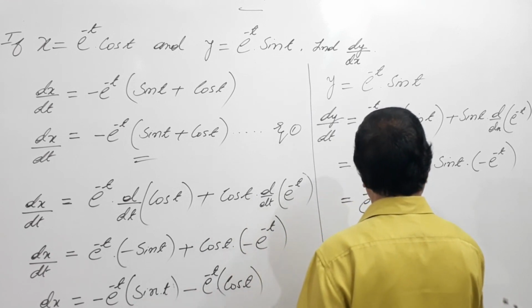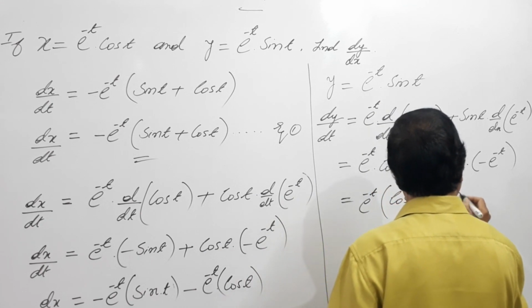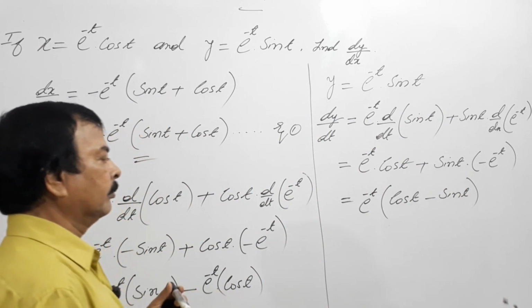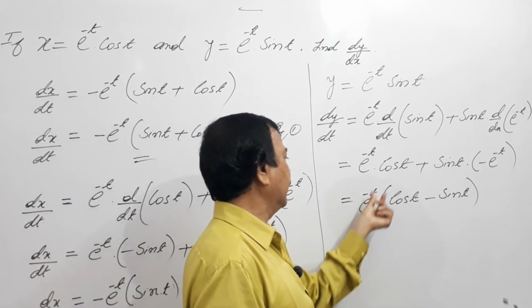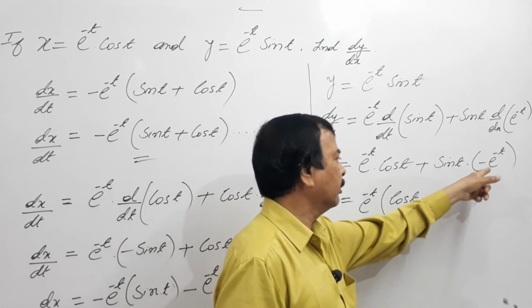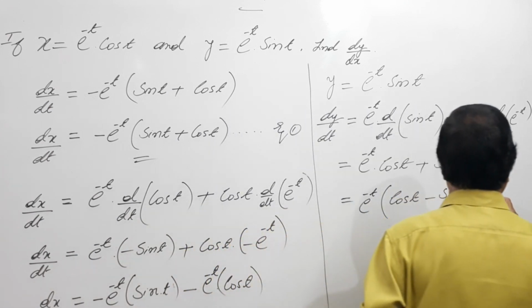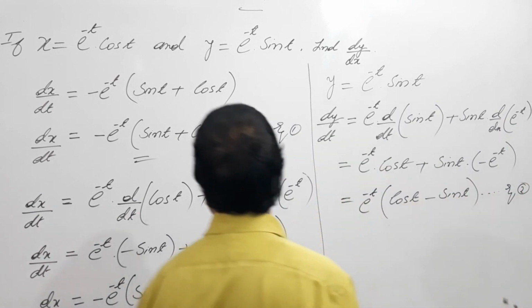Thus this becomes cos t minus sin t. So if you multiply and see, e to the minus t into cos t, right? So this becomes minus. So you get minus e to the power of minus t sin t. It's correct. So I call this equation 2.